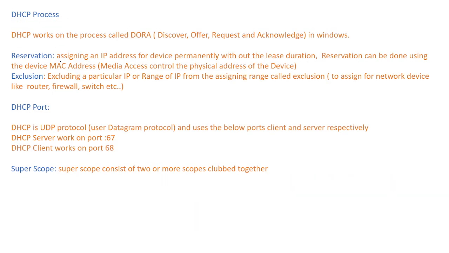And let us understand what is reservation and what is exclusion. So reservation is nothing but assigning the same IP address permanently to a computer. Imagine you have VIP users and you have allowed that VIP user to access Facebook and social media, and he has special privileges.